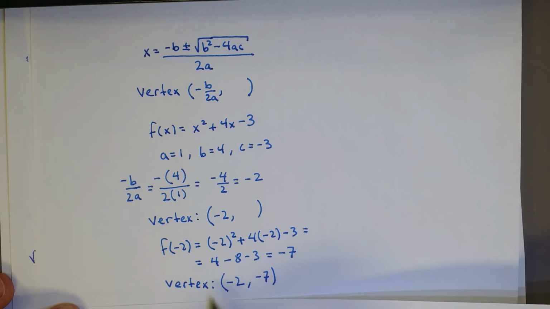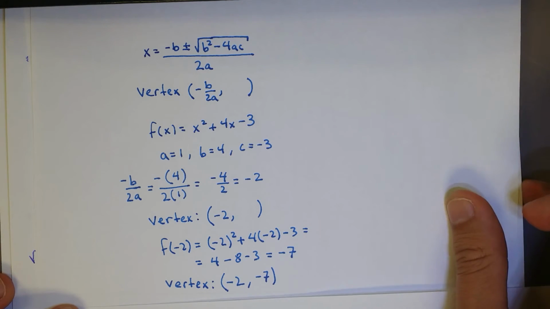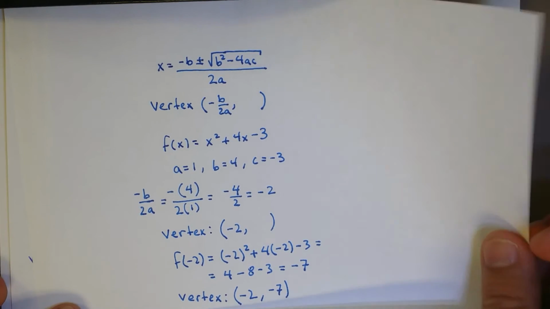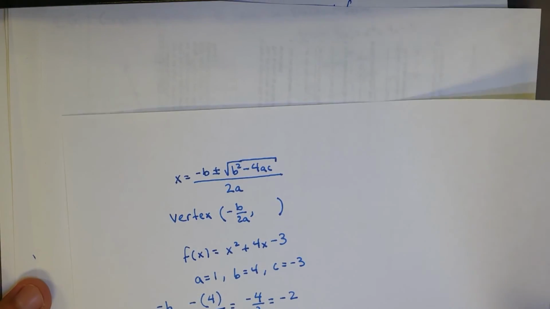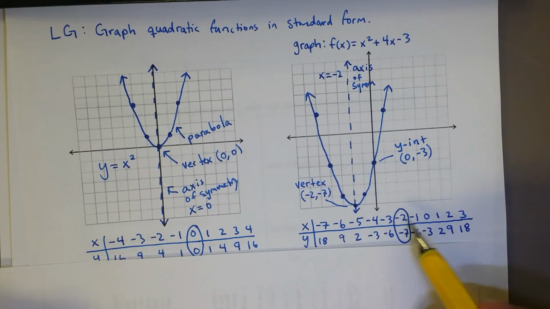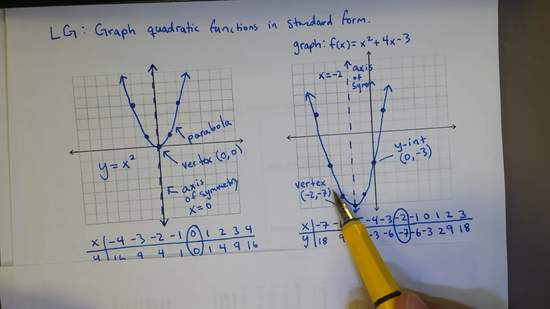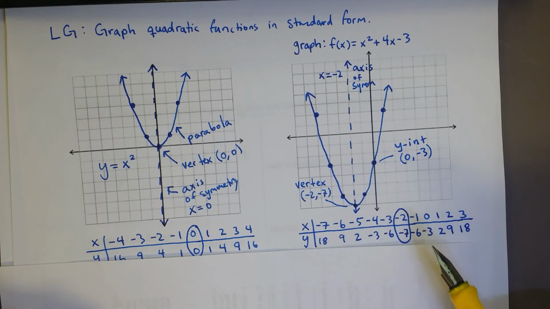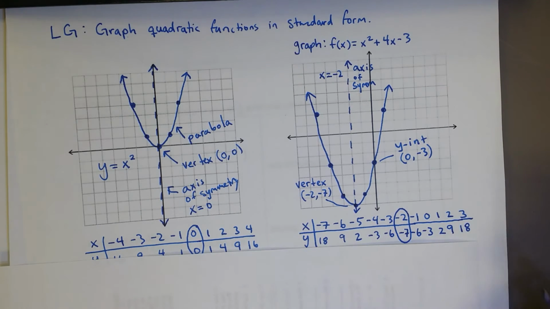So my vertex is (-2, -7). And now if we look back to the previous problem when we graphed this equation, you can see that (-2, -7) is in fact the vertex, so this new method works.